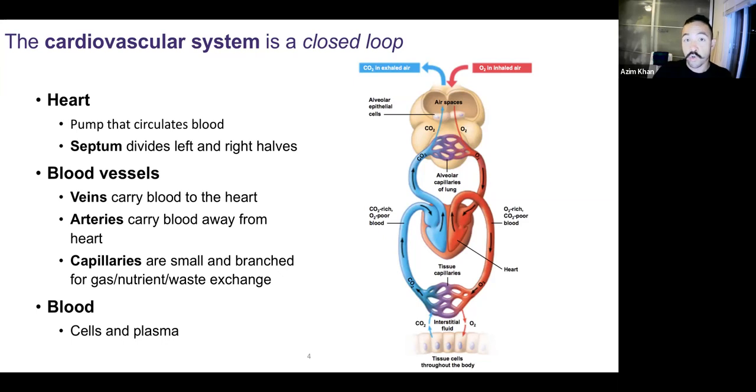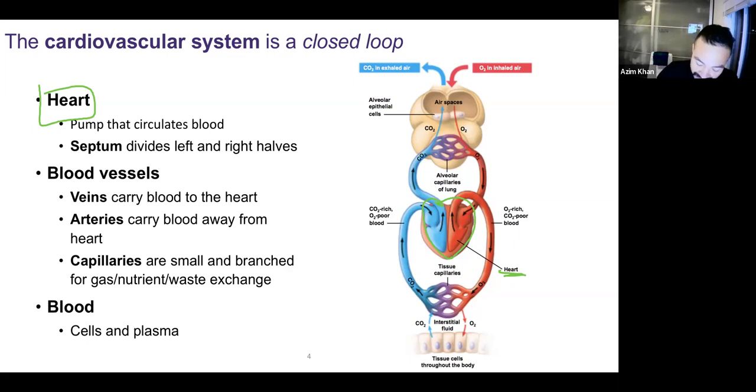It is not normally leaking out of the heart. It is not normally leaking out of blood vessels. If you have a cut blood vessel, that's when you bleed out, and that's not good. But normally it's within all these blood vessels. We have the heart that's pumping blood, circulating blood throughout your body.